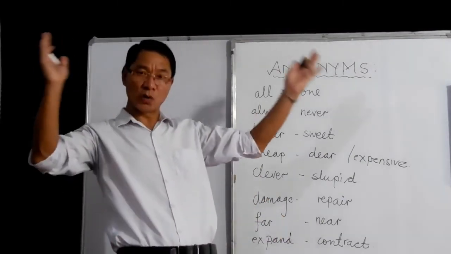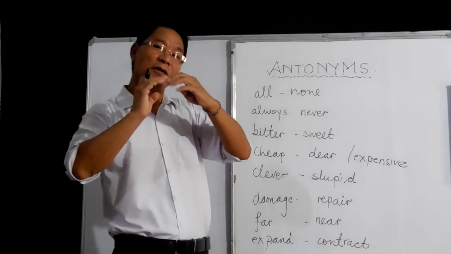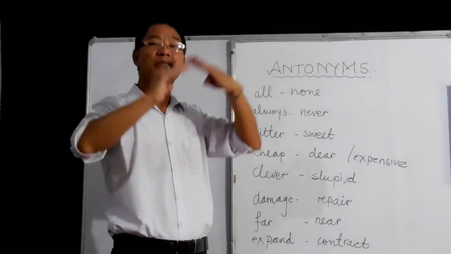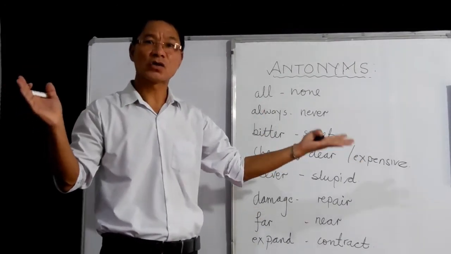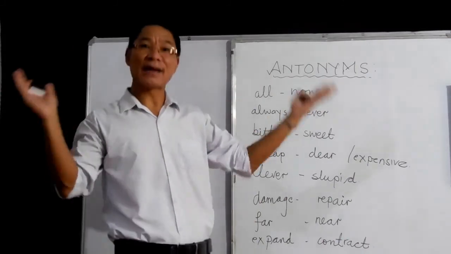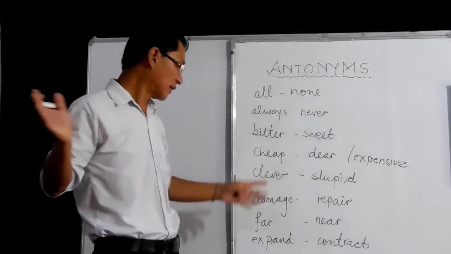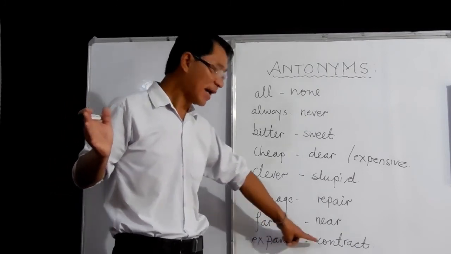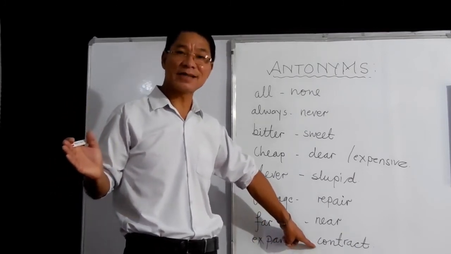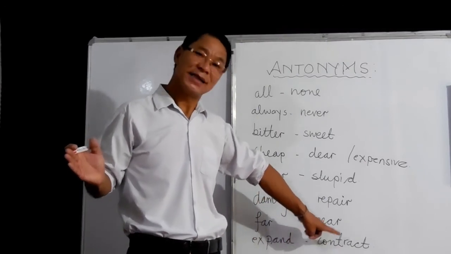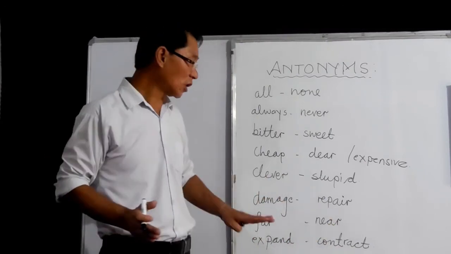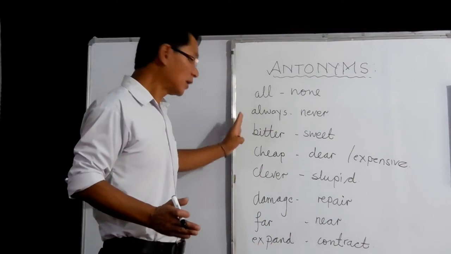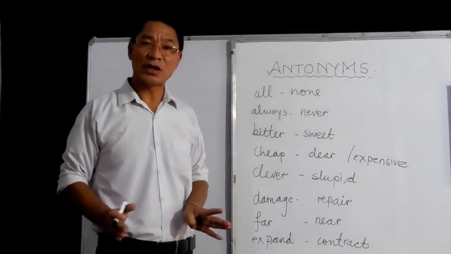Expand means to enlarge. Like a balloon, we fill it with air. So the balloon expands, it becomes bigger in size. E-X-P-A-N-D, expand, and the antonym of expand is contract, C-O-N-T-R-A-C-T, contract.